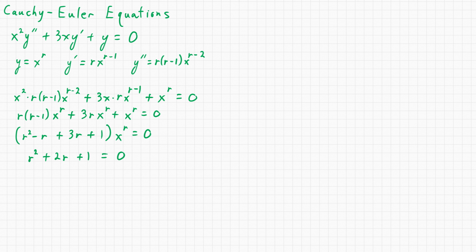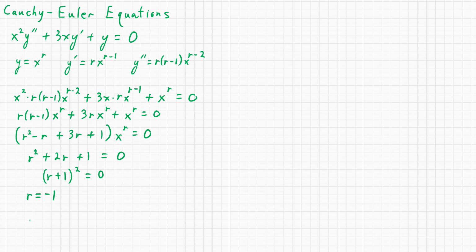So that ends up being r plus 1 squared equals 0. Now that looks right. So this is a repeated root case, so we only have one root. The root is r equals negative 1. We'll get this guess to work.